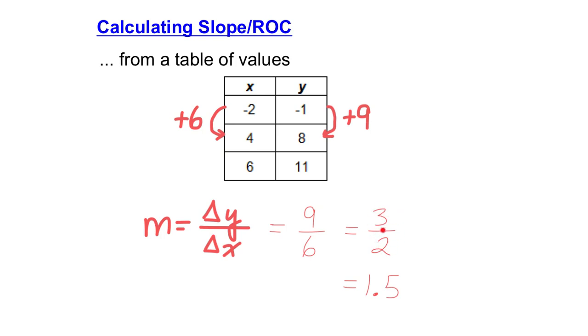As a fraction, we can turn that into the decimal equivalent, and either are fine. So the slope, or the rate of change of this function, is 1.5. The fraction form is actually more useful for when we are making a graph, but we'll get to that.